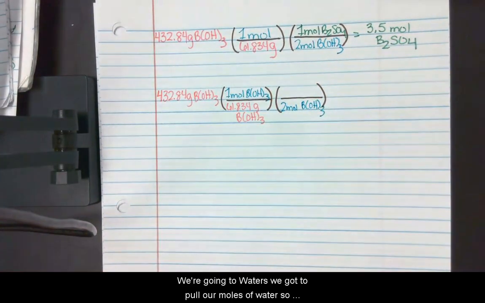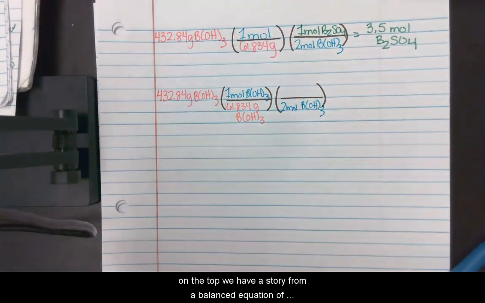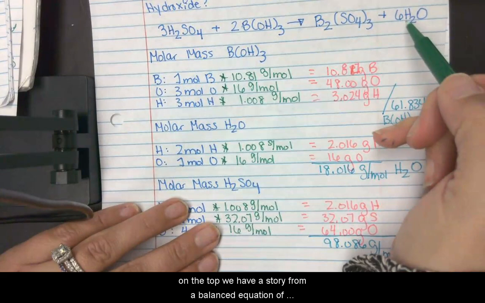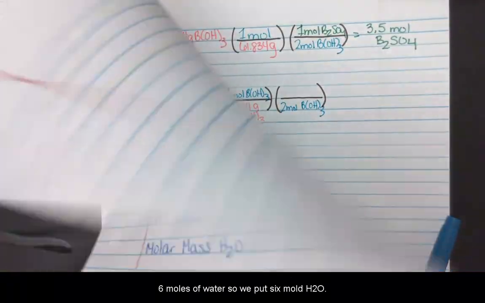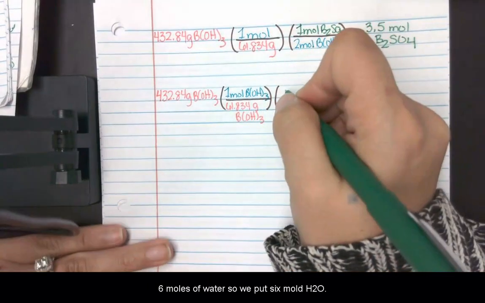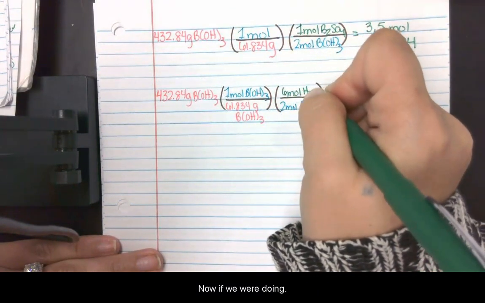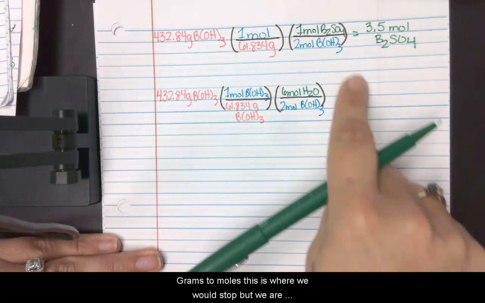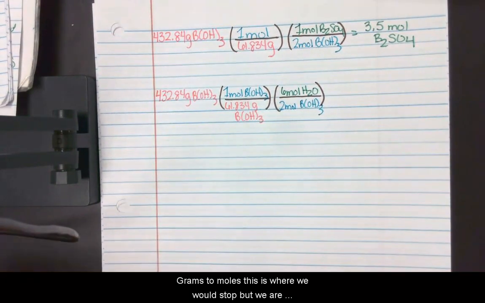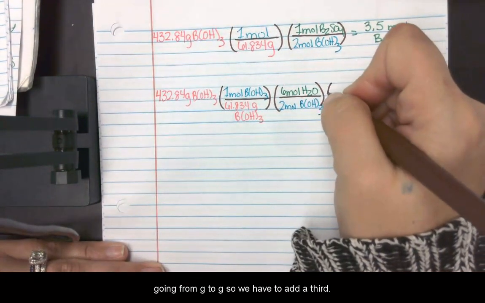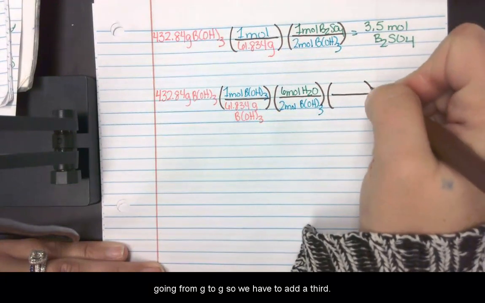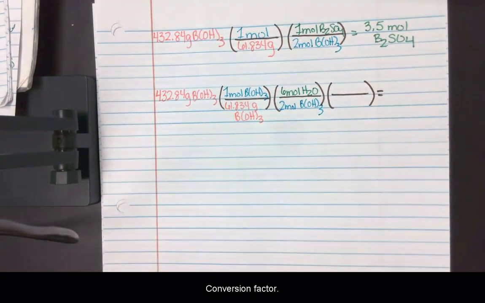And we're going to water, so we have to pull our moles of water. So on the top we have, from our balanced equation, 6 moles of water. So we put 6 mole H2O. Now if we were doing grams to moles, this is where we would stop, but we are going from grams to grams, so we have to add a third conversion factor.